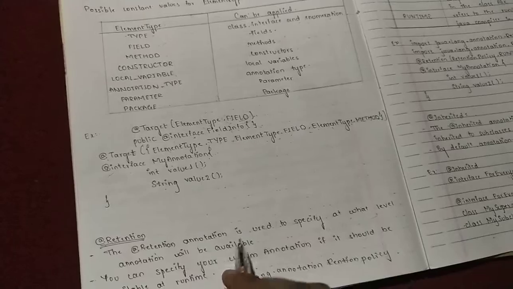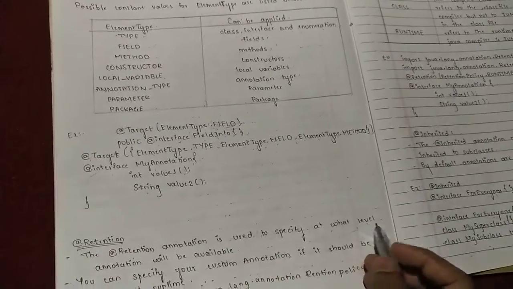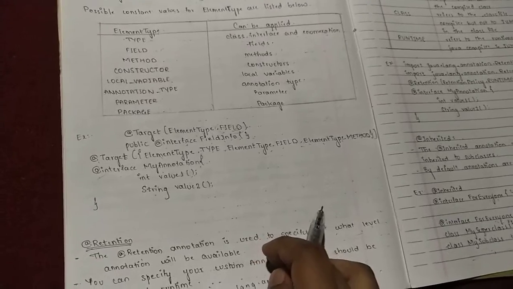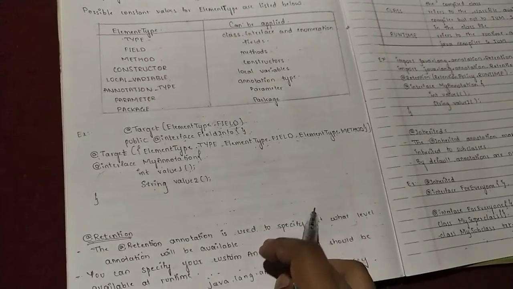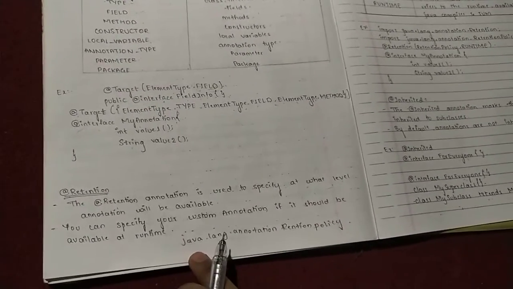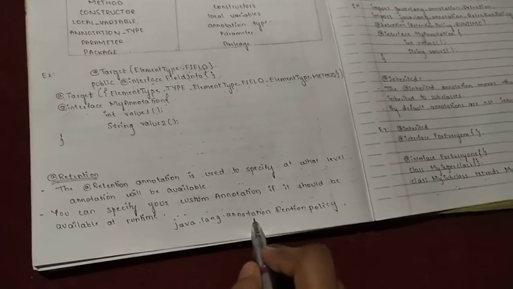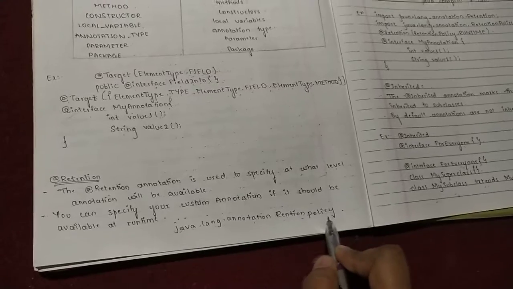Third is @Retention. The @Retention annotation is used to specify at which level this annotation will be available, and there are three such policies that can be found in java.lang.annotation.RetentionPolicy.